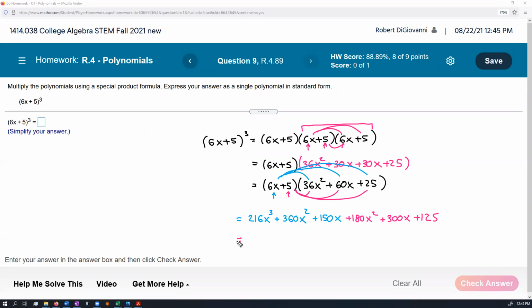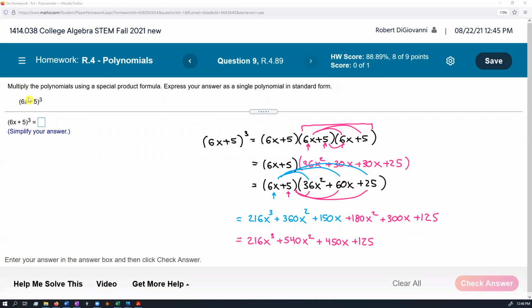And then we'll collect any like terms together. It looks like we don't have any x cubes except for that first one. And then we have to do the 360x squared plus the 180x squared. That'll give us 540x squared. And then the x's, looks like we do 150 plus 300, so that's 450 x's, and then 125 by itself.